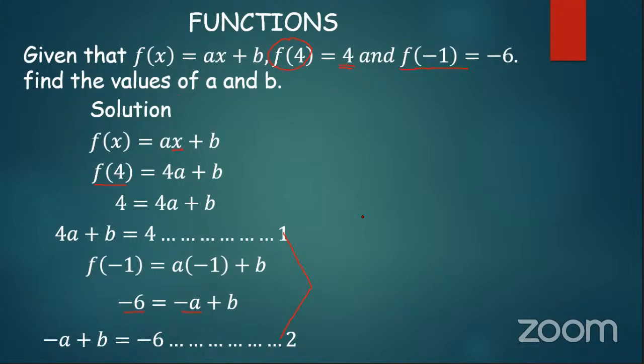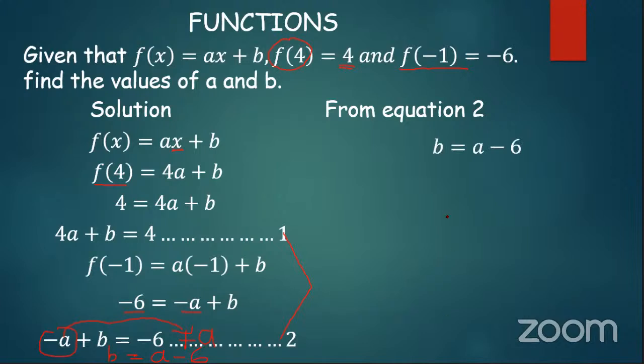So from equation 2, I make b the subject of the formula, and I transfer this a here, the a will become positive, since it was negative. And then I remain with b equaling, since the a is positive, it is better for us to begin with the positive, and we say a minus 6.